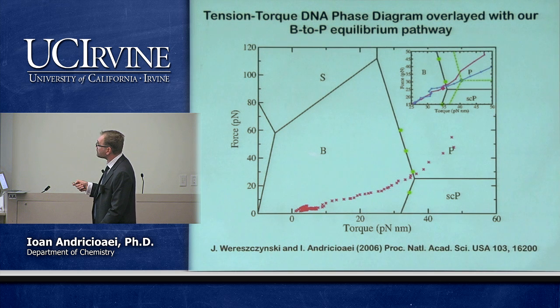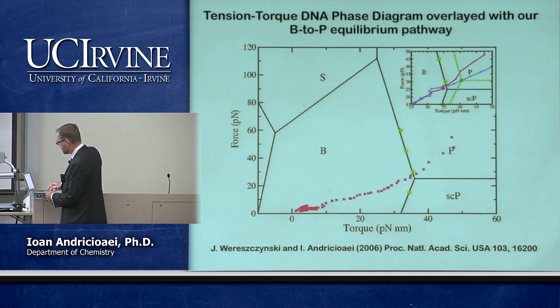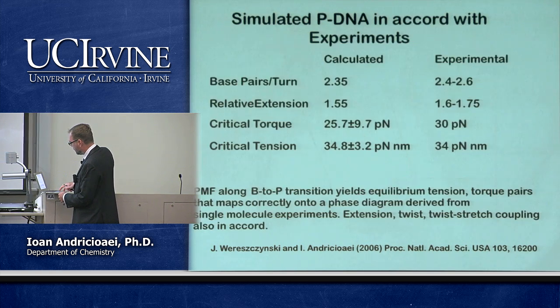Anyway, the bottom line is that the calculations, which are shown in red, actually go very well through the phase diagram that predicts separation between a B-like DNA, Watson-Crick, and the P-like DNA. And we see that the transition occurs very close to a critical point, which is the minimum point below which the transition cannot go.